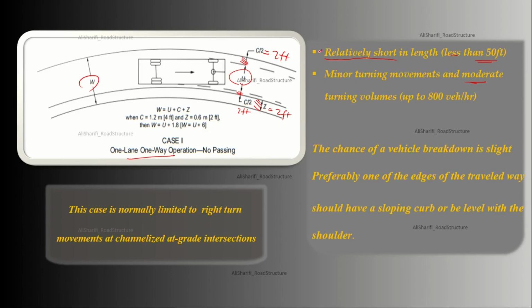Given these conditions, the chance of a vehicle breakdown will be slight, but preferably one of the traveled way edges should have a sloping curve or be level with the shoulder. Considering these conditions, the use of this case is normally limited to right turn movements at channelized intersections.